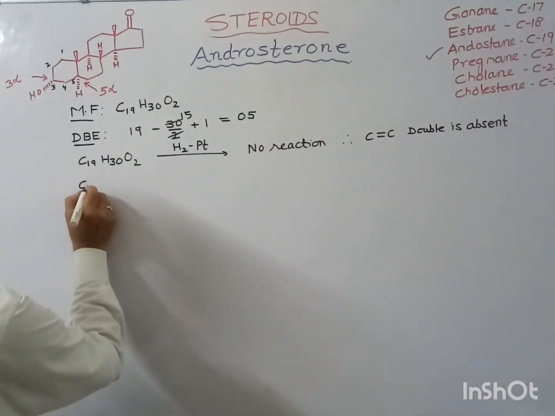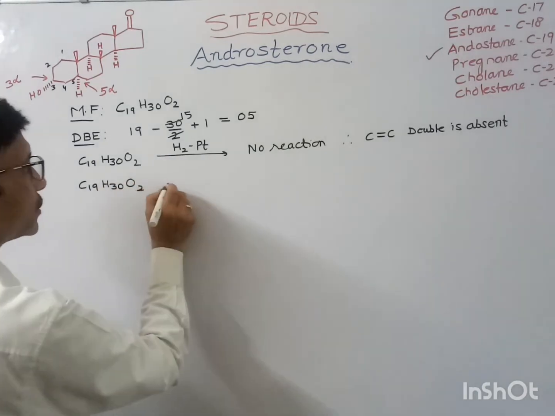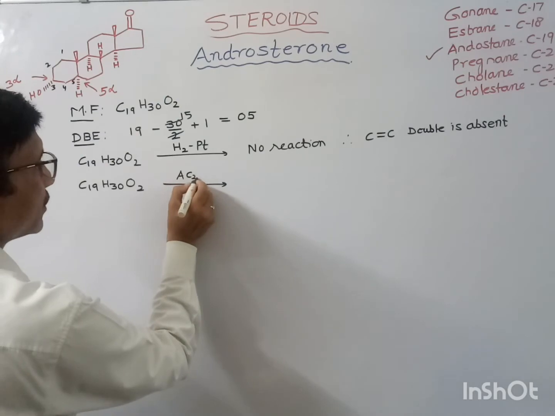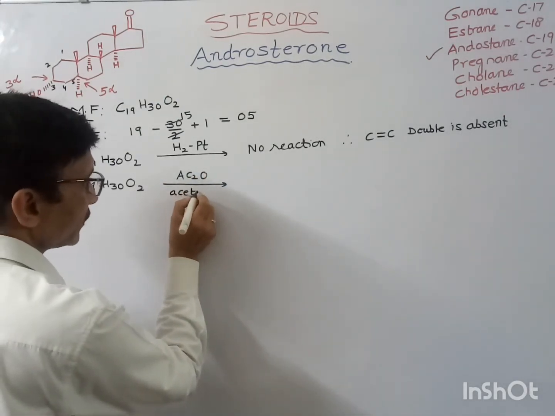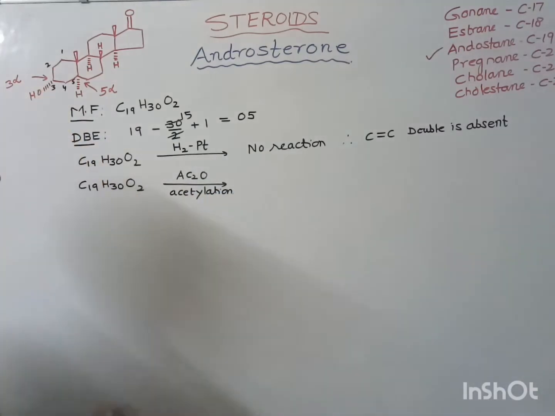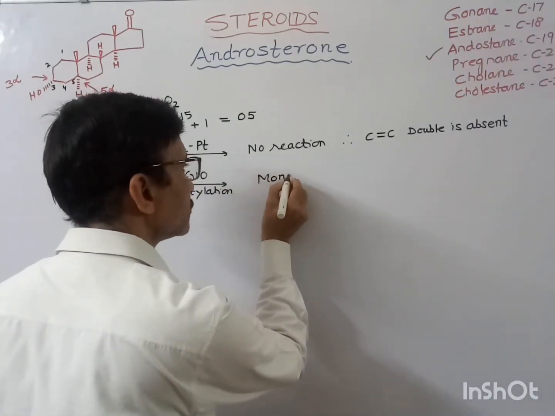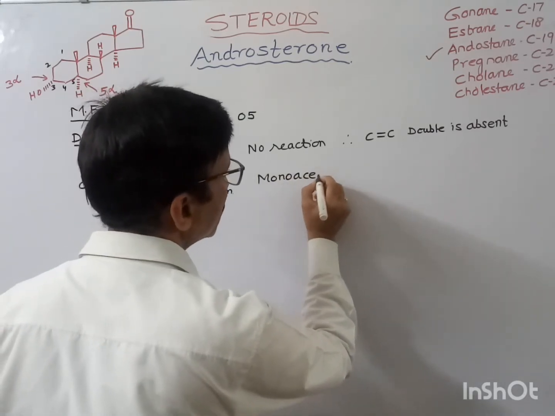Now when this androsterone, C19H30O2, was treated with acetic anhydride, that is, if we do the acetylation, then it was found that this OH group undergoes acetylation and forms the monoacetate. So in the formation of this monoacetate, this OH is converted into the ester.